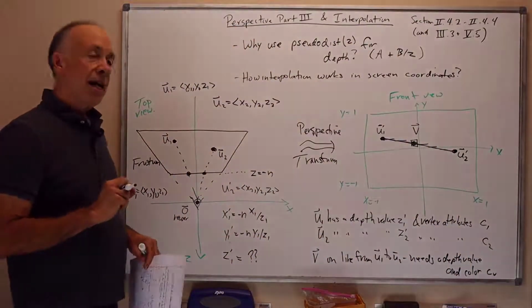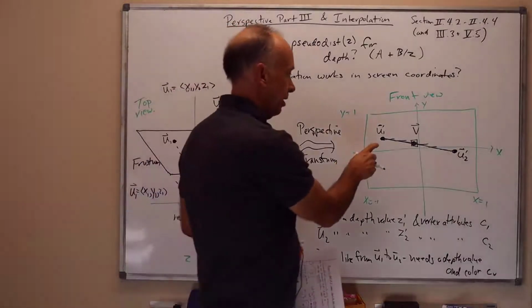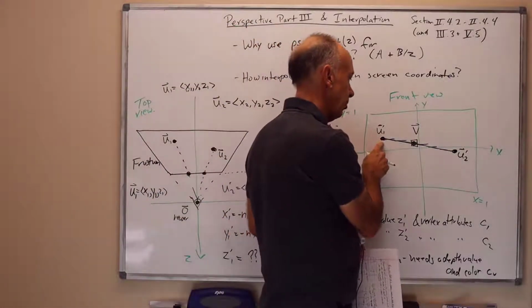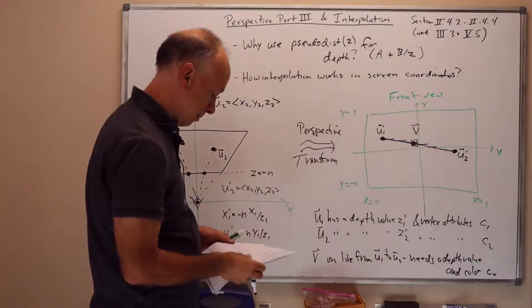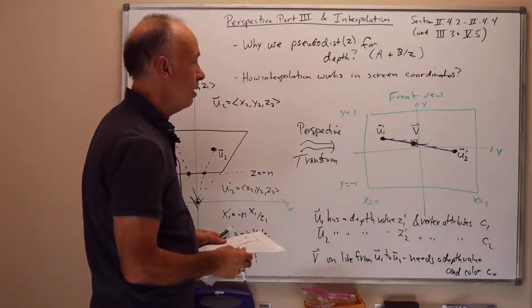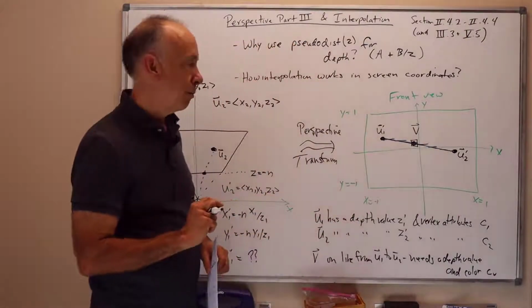And how is OpenGL going to do this? This is done automatically for you by averaging the colors and the depth from U1 prime and U2 prime to get the intermediate values. So let me talk more about this averaging process on the next board.